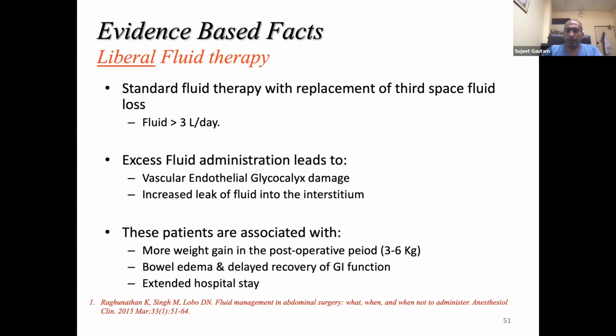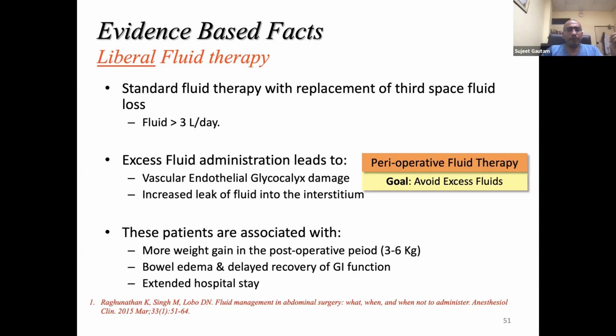These patients are associated with weight gain, bowel edema, delayed recovery, and extended hospital stay because they require more time for the edema and the accumulated interstitial fluid to return into the intravascular space, and thereafter they can return to their normal routine. So avoid excess fluids; these are the events associated with liberal fluid therapy.